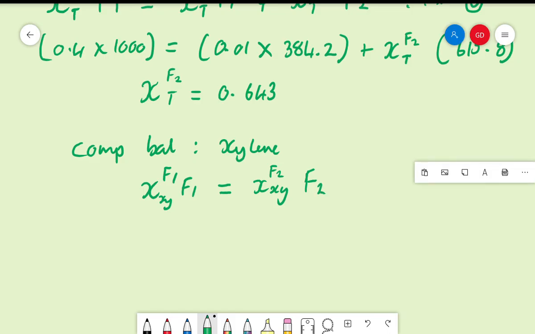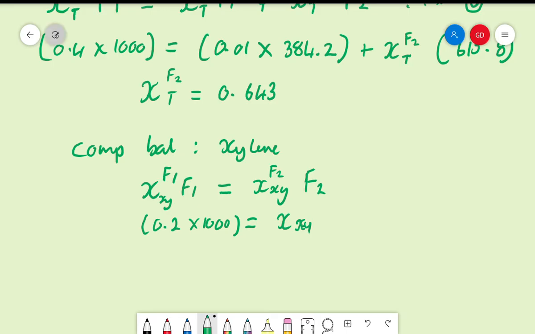So we know that this one is 0.2 multiplied by 1000 is equivalent to X xylene that we do not know. It's what we're looking for.